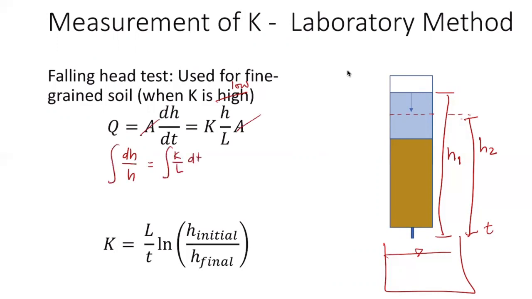If you take H initial to H final, and t equal to 0 to T, this would be ln H2 over H1, with H going from initial to final.